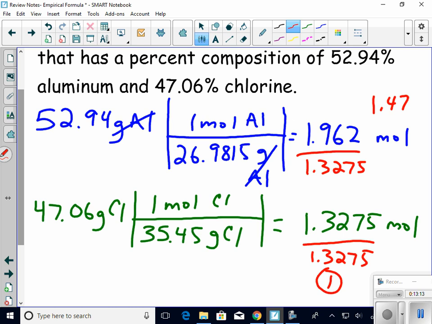But obviously, this one did not come up pretty even, did it? So as I'm going through these, I have this at, let's say, 1.5 because it's going to round pretty close.